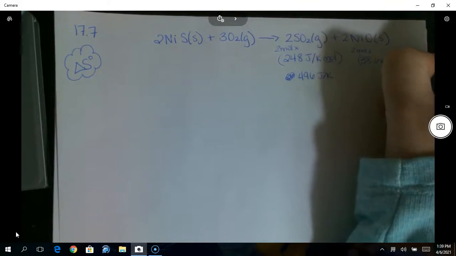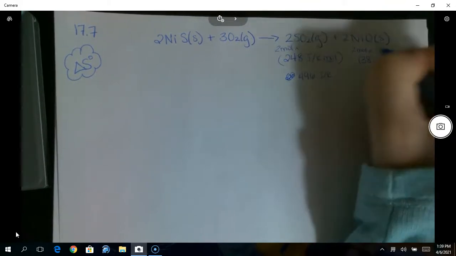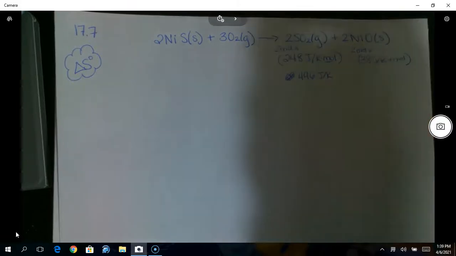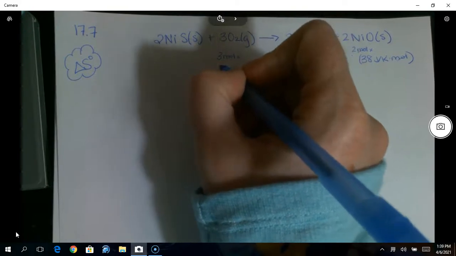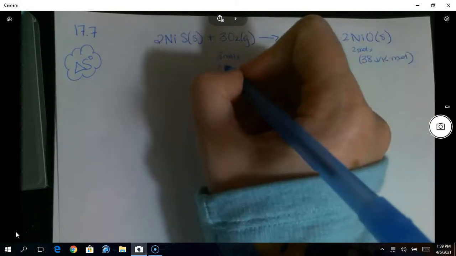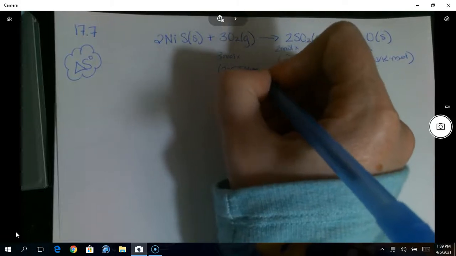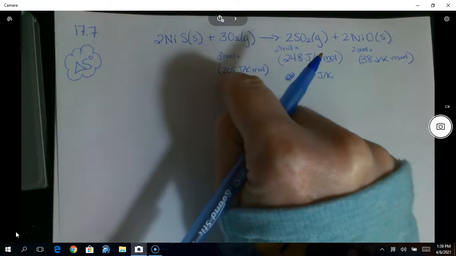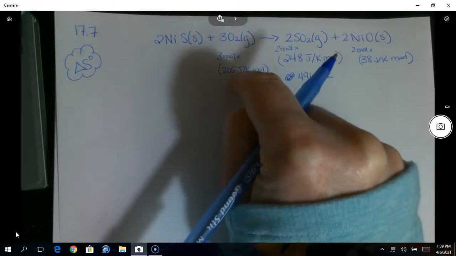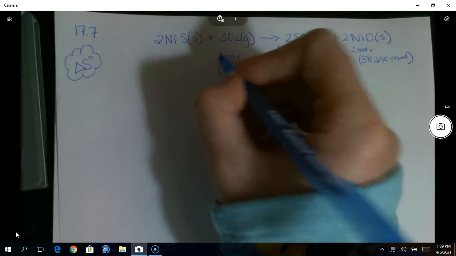joules per Kelvin times mole. Our moles cancel, right? Okay, this is going to be 3 moles times our oxygen value, which is 205 joules per Kelvin times mole. So for each mole of oxygen, I have 205 units of entropy, or joules per Kelvin, but I have 3 of them.